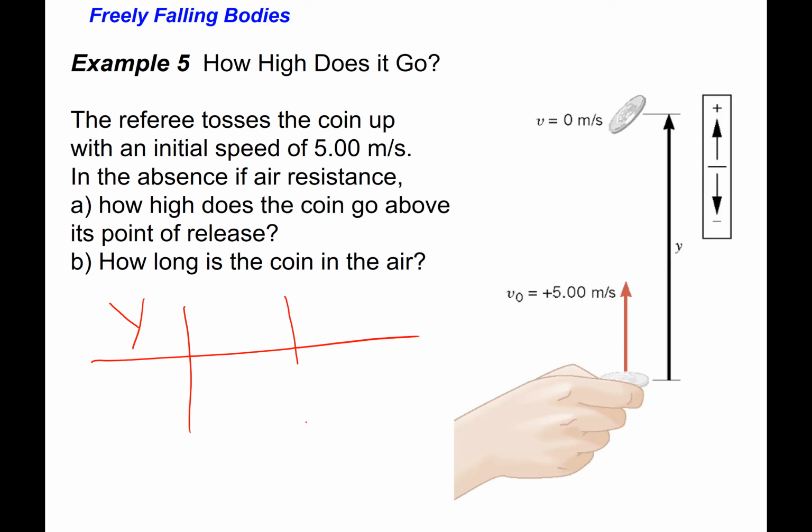Now again, even though I am shooting the coin upward, it is still under the influence of gravity. So my a, which is due to gravity, is still negative 9.8 meters per second squared.